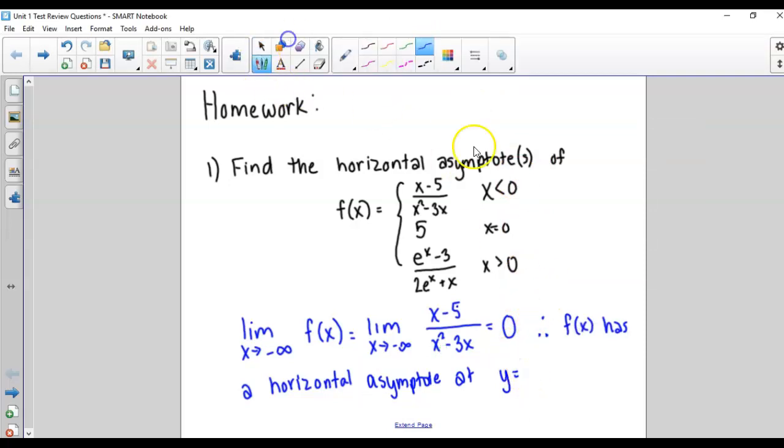Make sure right here that you give the equation of that asymptote. It has to be y equals 0. Make sure you don't put x equals, because x would be a vertical line. It has to be that y equals 0.